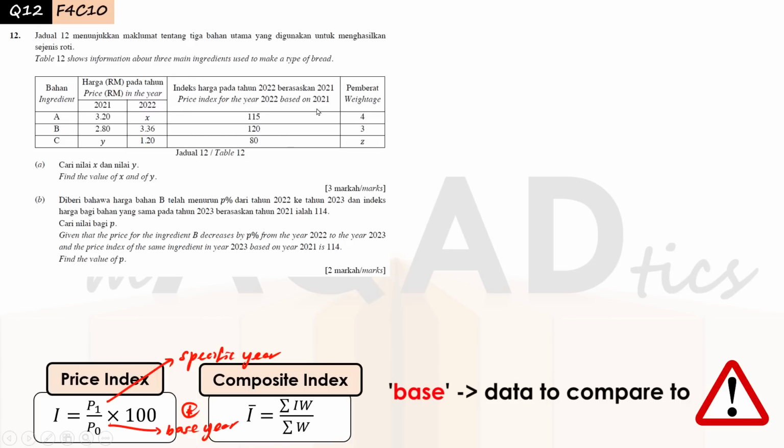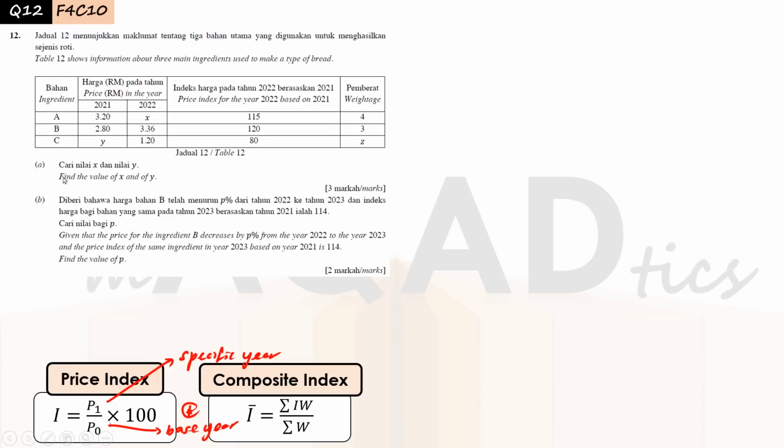So coming back here, if let's say this sentence, price index for the year 2022 based on 2021, this means that the prices in 2022 I want to compare to 2021. So the prices of 2022 will be put on top. The prices in 2021, I'm going to put at the bottom because this is the data that we need to compare to. Okay, so this is the base year.